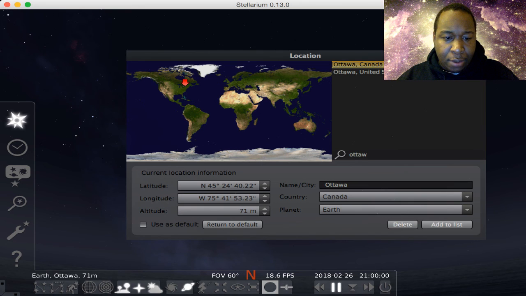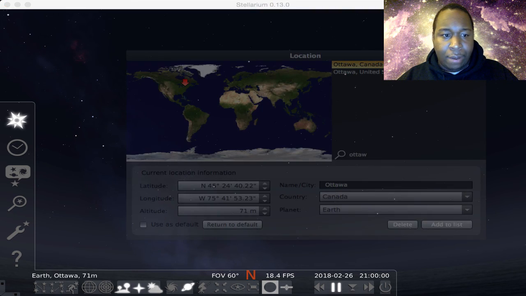45, 24, 40. Give me a quick second. 45, 20. It's a little bit off. So I'm going to modify this position so it agrees with what we currently are using for our location. So 45, 25, 31.